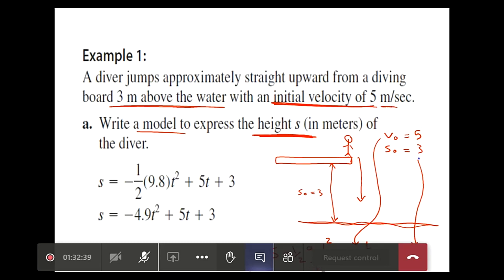Meters. So put G as 9.8 because we have meters, not feet. Okay. This is the value of S, or the equation of S. Multiply negative half with 9.8, we have negative 4.9, plus this is the V naught and this is the S naught. Okay.